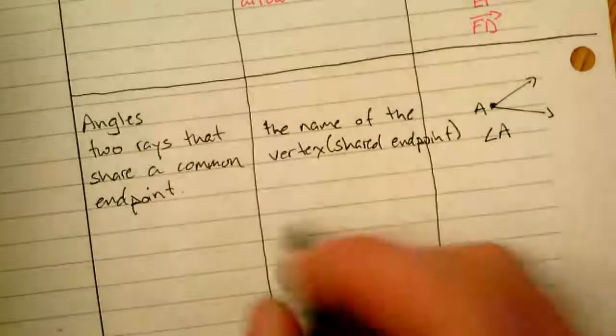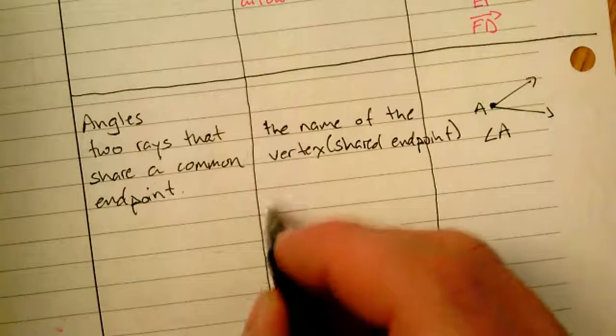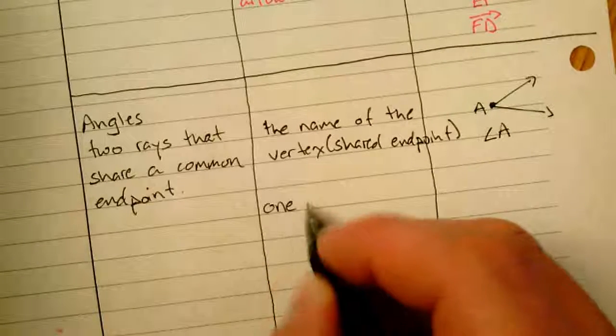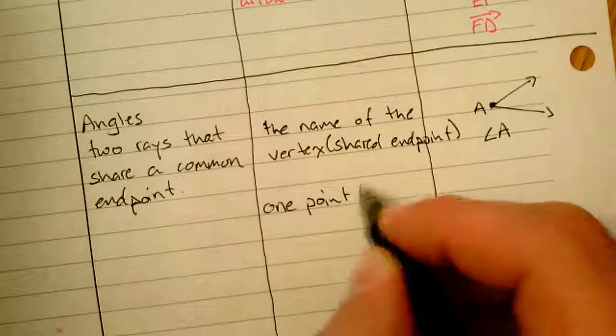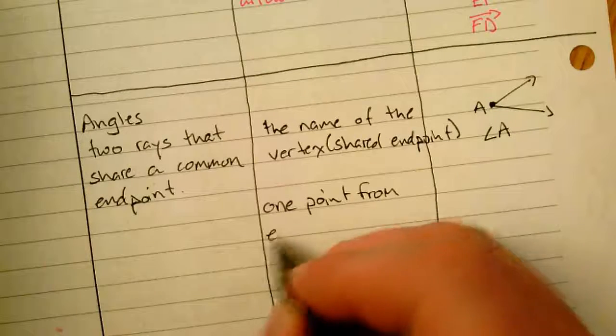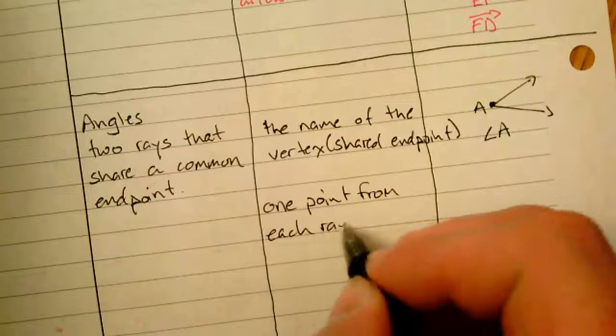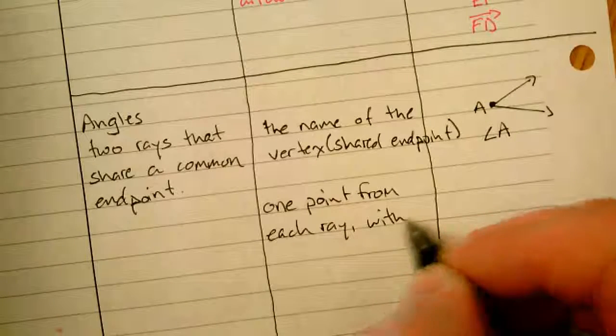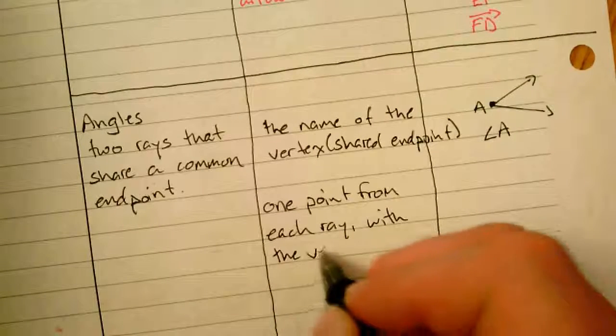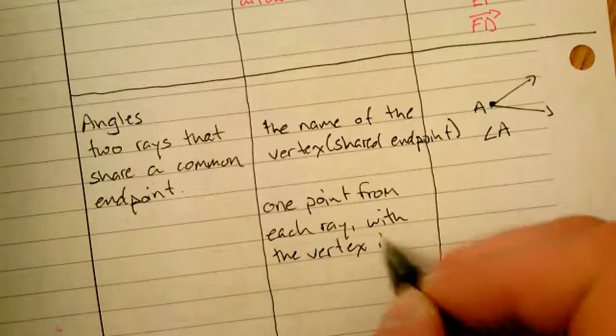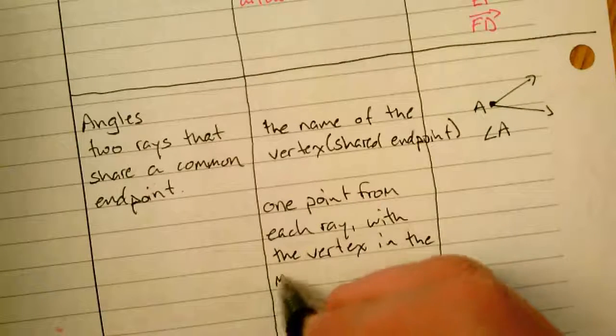You could name it using one point from each ray with the vertex in the middle.